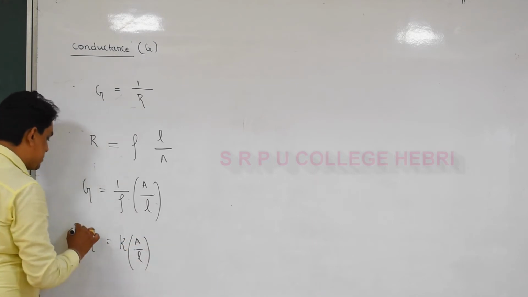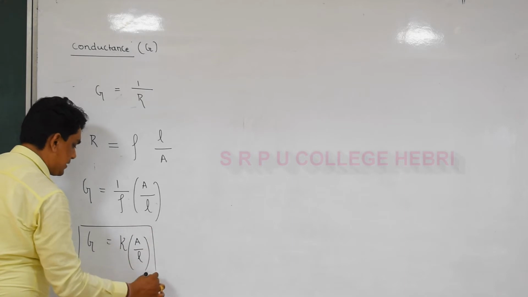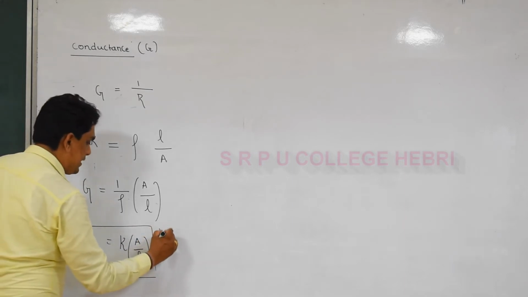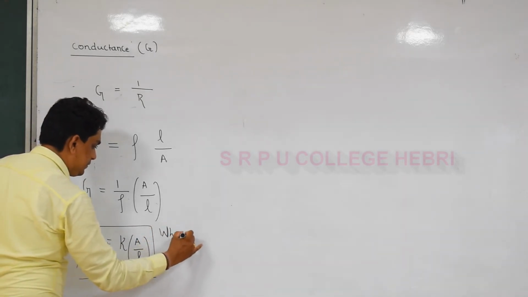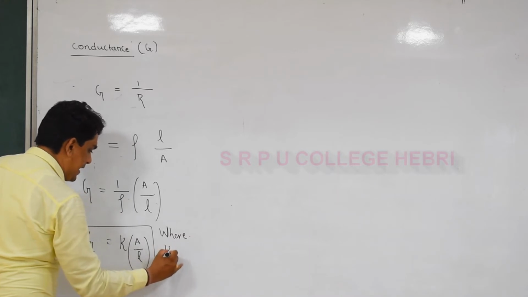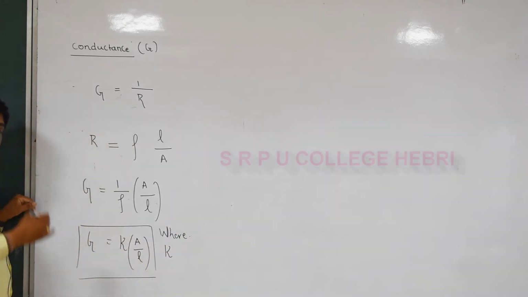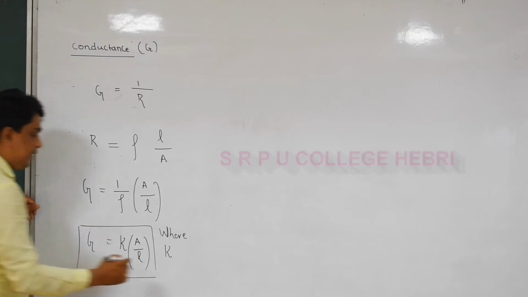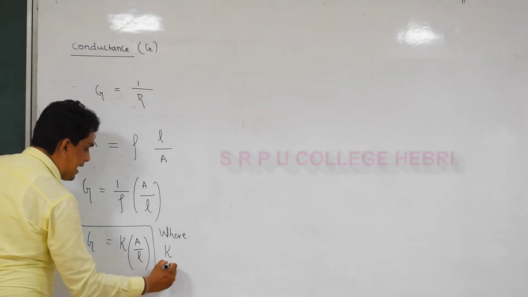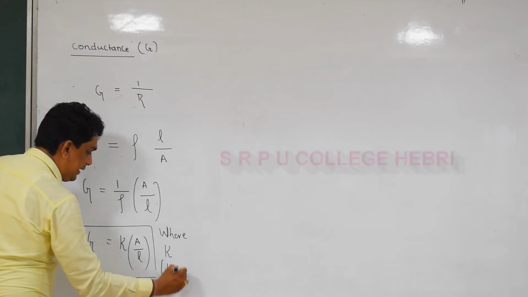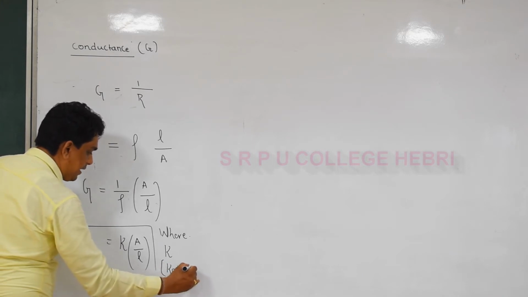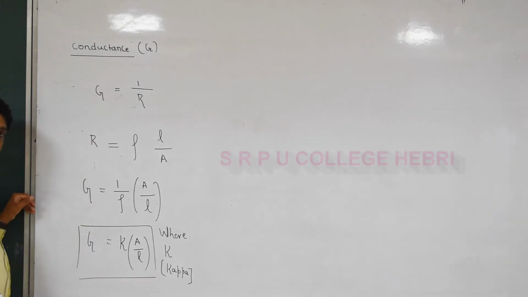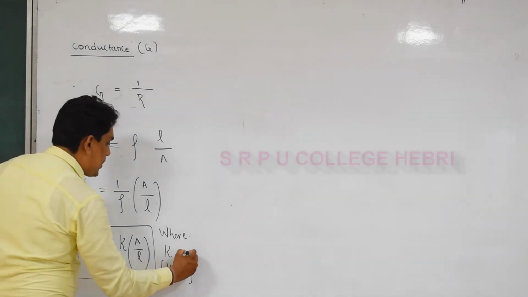This is a new expression, and let me put it in a box. The symbol K is the conductivity symbol, and we call this particular symbol kappa. It is kappa K. Conductivity is kappa K. So this is called conductivity.